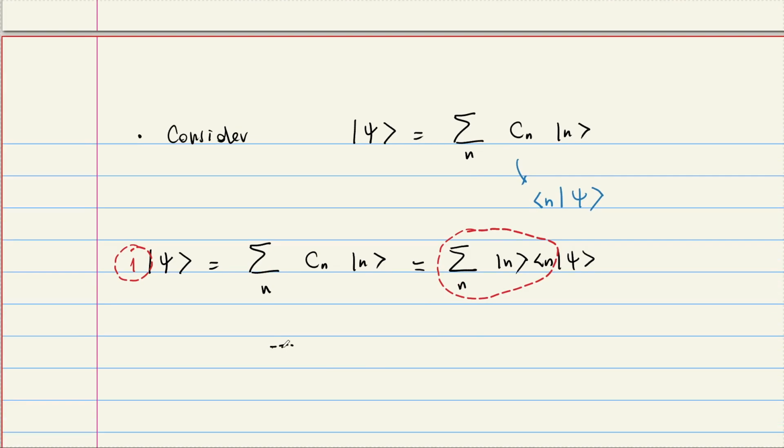Then I can just write the sum over n of |n⟩⟨n| is equal to 1. This is like a unity, if you want, a unit matrix in n by n matrix. This is sometimes what we call the completeness relation.